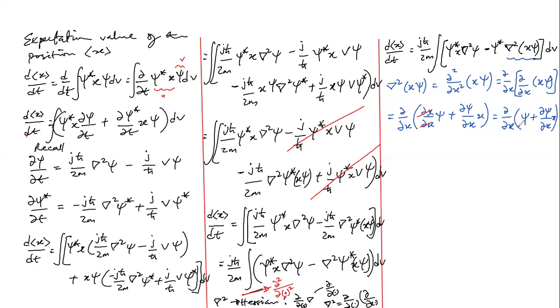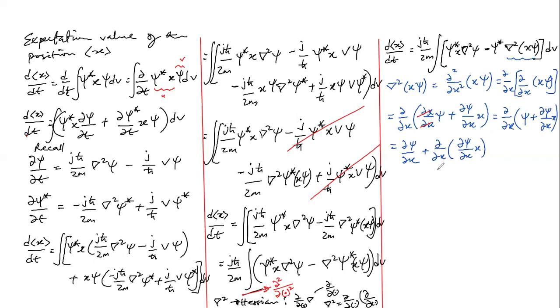Okay? So we now have to resolve this partial derivative, okay? And once we do this, this will become dpsi by dx, that is this, then plus d by dx of x dpsi by dx.